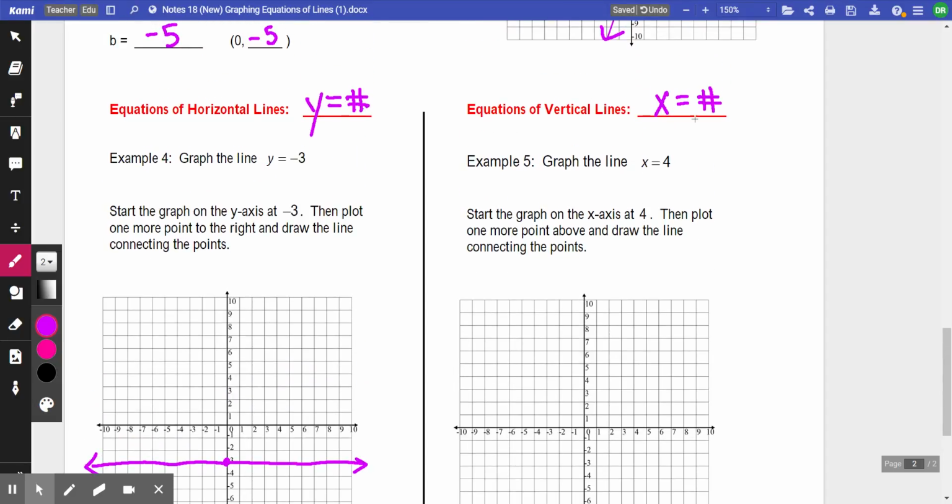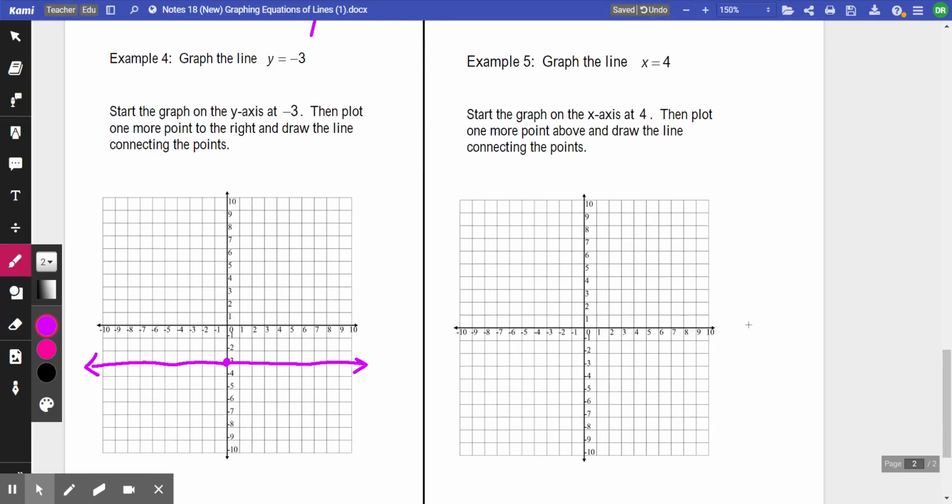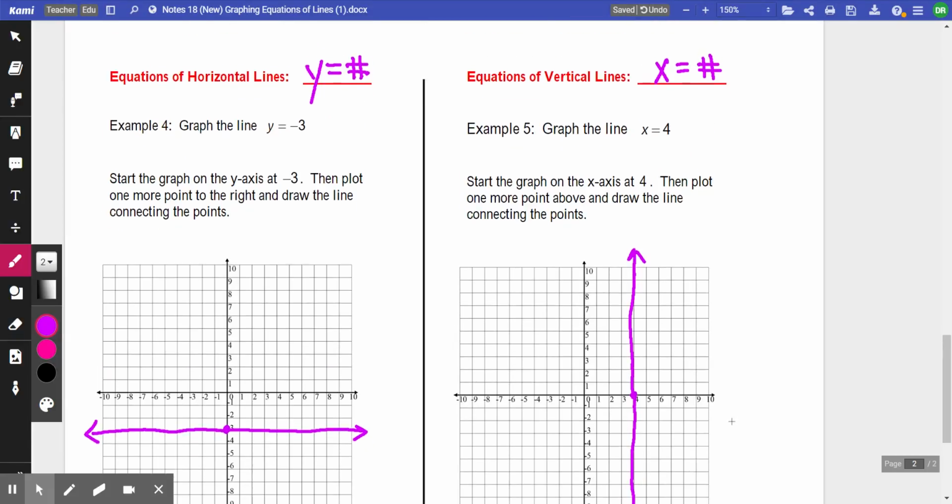When we have x equals a number, a vertical line, so x equals 4 on the x-axis, you find positive 4 and you plot a point. And then this only goes through the x-axis. If I tried to make the line go left and right, I'd go through the y-axis. This only goes through the x-axis, so I'm going to go up and I'll go down. That's it. And there would be my vertical line.